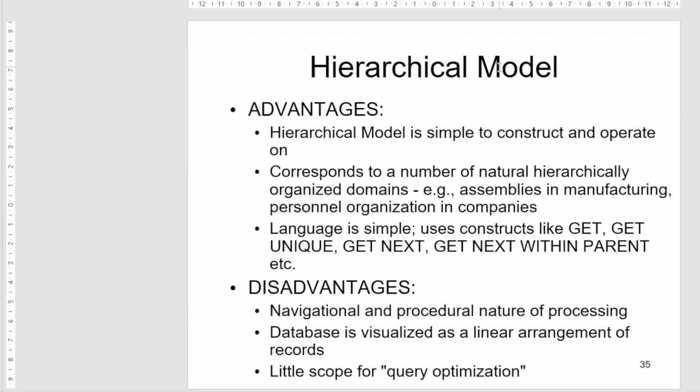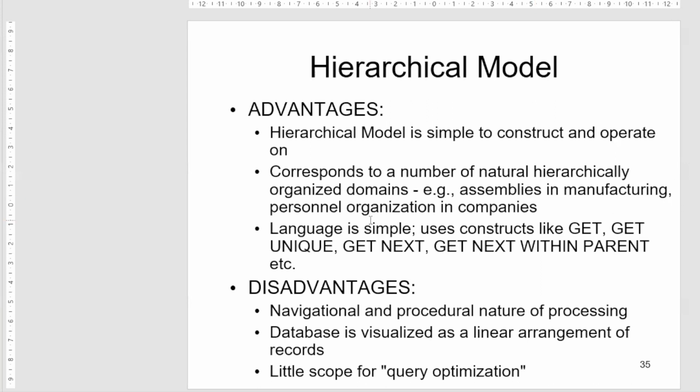So then we have to work with the natural hierarchy that the organization or the particular mini world has, right? So for example, assemblies in a manufacturing process, and also different personnel organizations, what you see as hierarchy in a company.